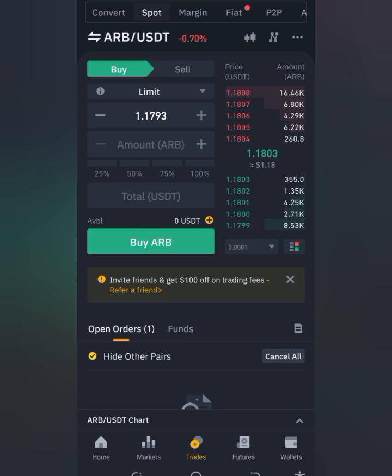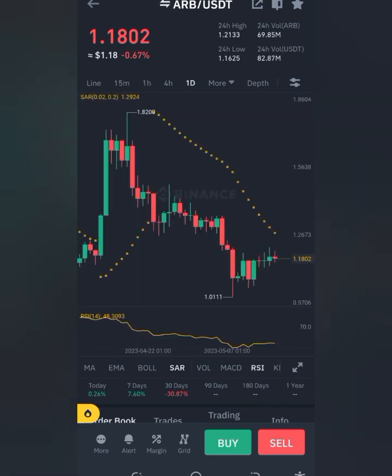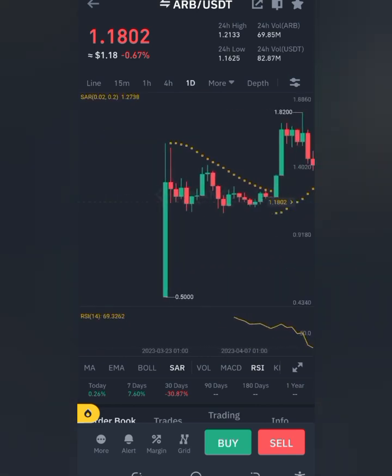But before it came out, there was a whole lot of promo about it, right? So they give you an opportunity to buy this coin at a pre-listing price. Let me click on the one day so you can see when it actually started. They give you an opportunity to buy this coin, or any coin like that, that has not been listed anywhere, right?